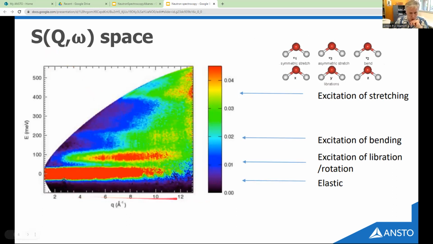In this case, it's along the y-axis, x-axis here, and omega relates to the transfer energy. So that's the transfer momentum and transfer energy. You can see these peaks, and where it's high in intensity, it means there are peaks there.